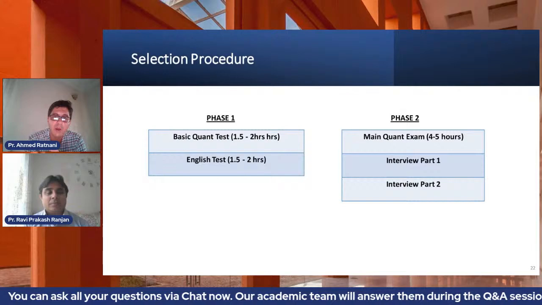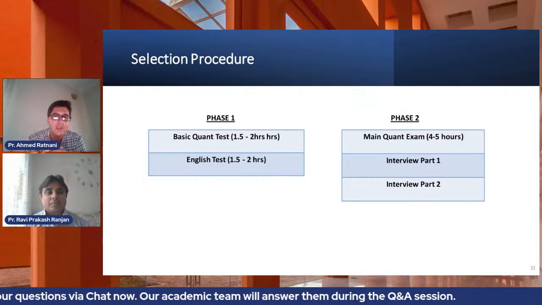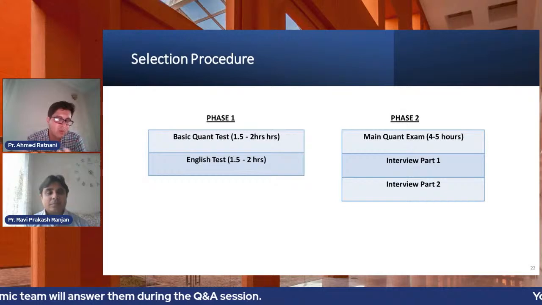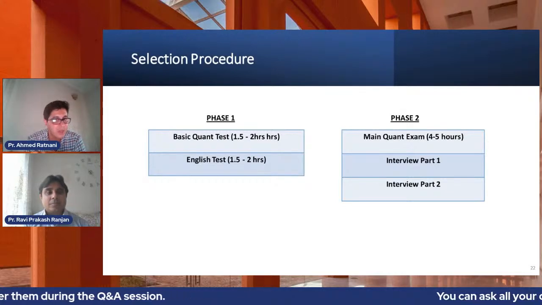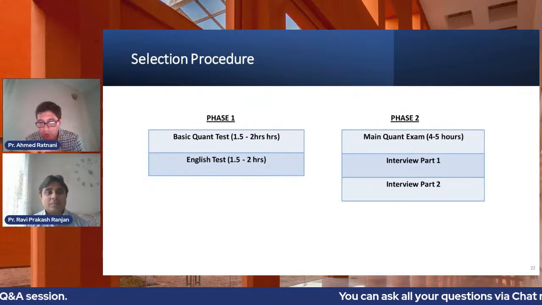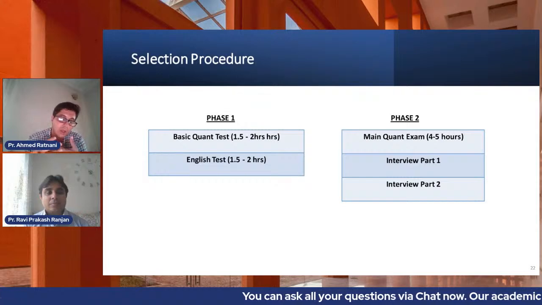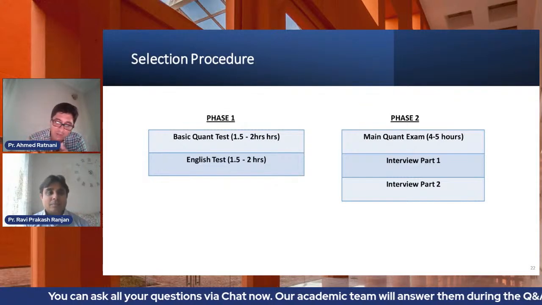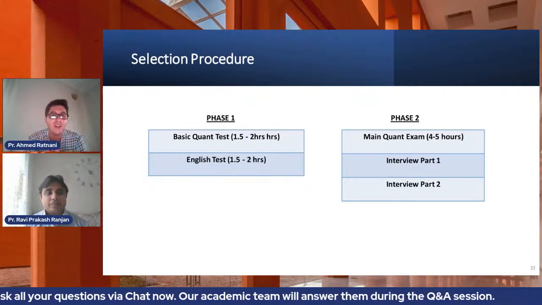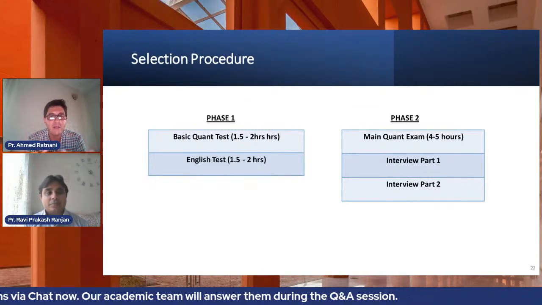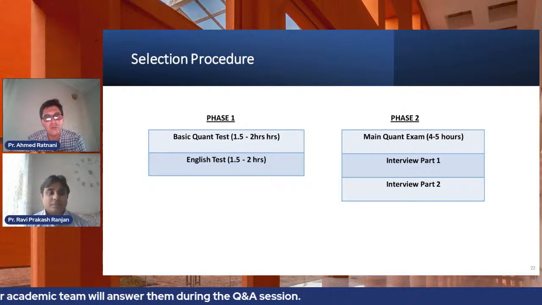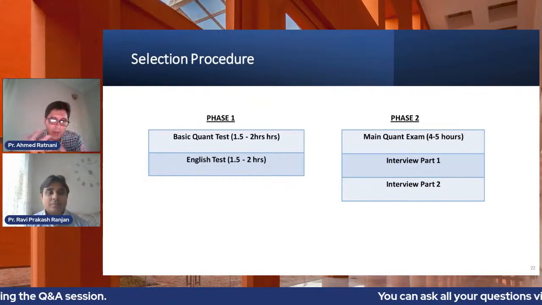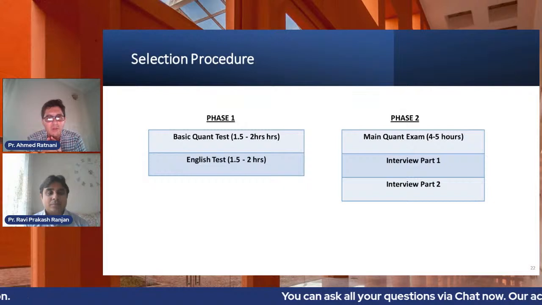And then the second part will be more a discussion in a small group of students, supervised by a professor from ABS, and we will see how you talk, if you can criticize the others, and how you behave in a group and in a team. These are different things that will be used as ingredients to evaluate and to learn more about the students who will be applying to our program.